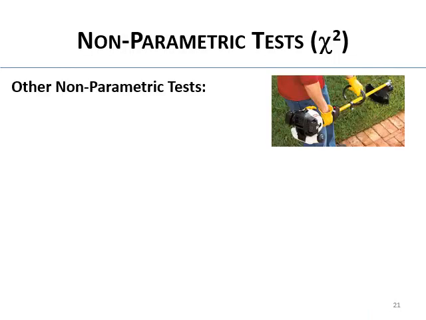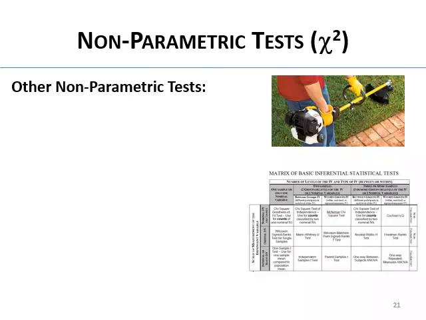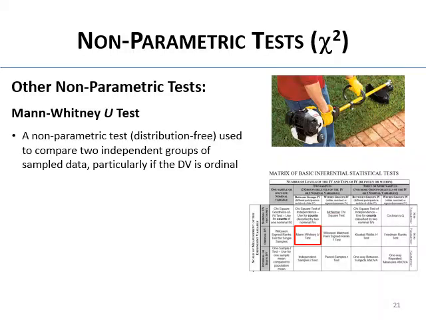So there are some other non-parametric weedwhackery sort of weird tests that I want you to know about, but this class is already crazy. So in the matrix of basic statistical tests, there was one called the Mann-Whitney U, and it was the non-parametric test used to compare two independent groups of samples, particularly when you've got an ordinal DV.